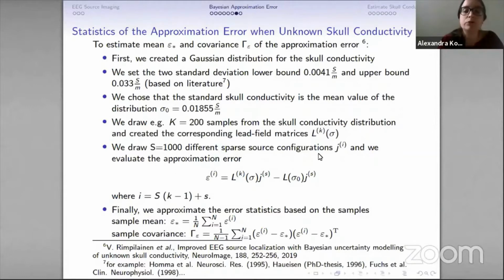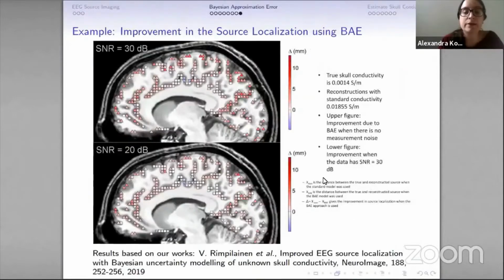Also, we took samples for the source configuration, and we estimated these approximation errors. In the final step, it was very straightforward, just to take the statistical mean and covariance based on the samples. And in the next, I have a result.